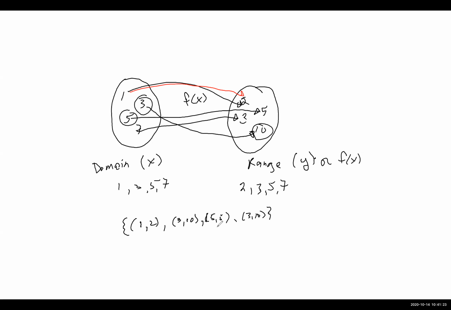These x values, these first values here, are the elements that were in the domain of this function. Those are the domain values, and the values that they were matched with, the y values, the f of x values, those are our range values.